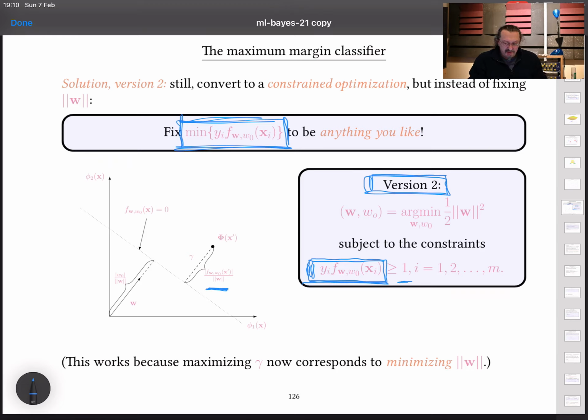So now we're still introducing a margin, which is saying that the closest example should be a distance of 1 away, and we're going to optimize in order to minimize this quantity here. Now, the final thing to note in this version of the formulation is that by minimizing the mod of W, we are, of course, maximizing this distance. Okay, so we're still maximizing the margin.